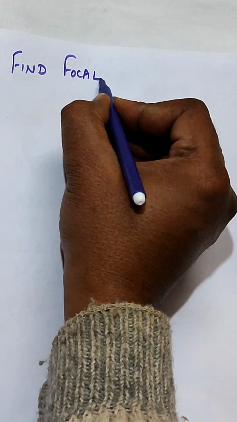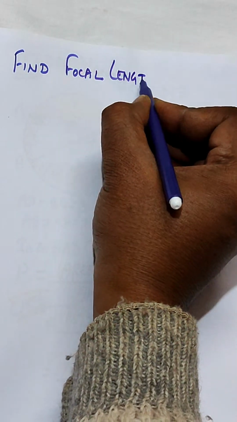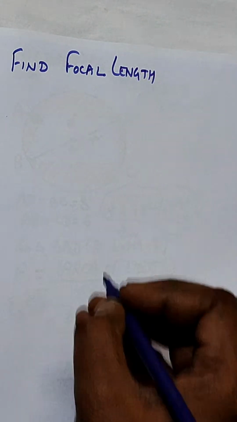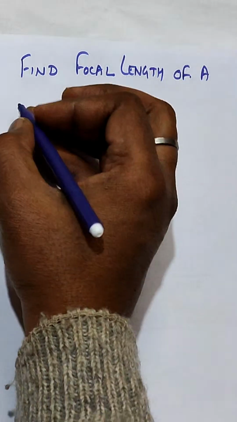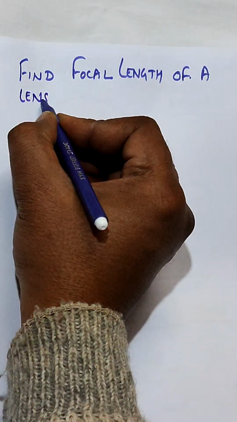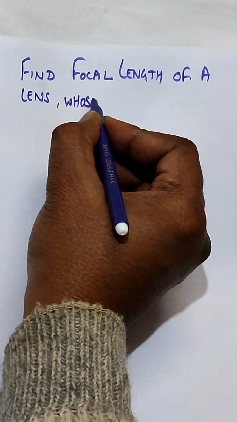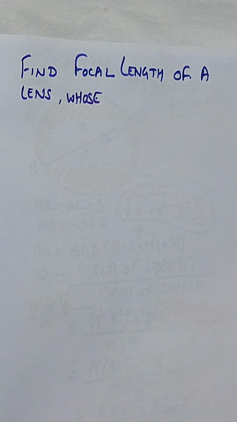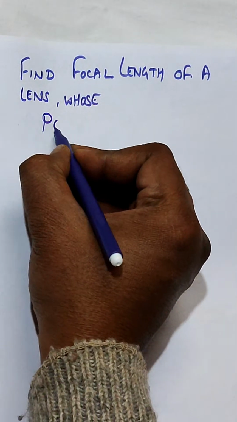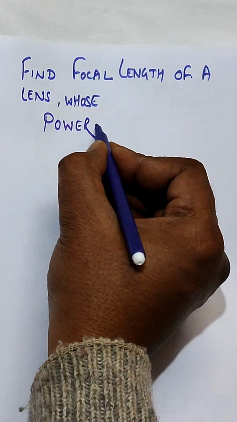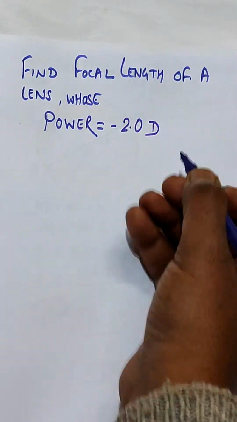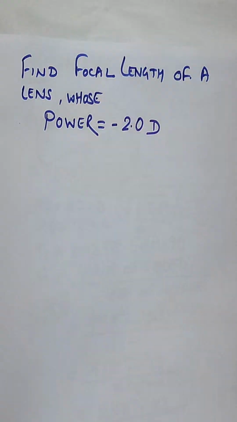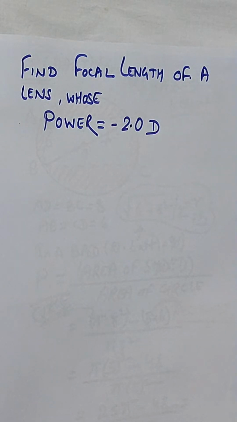Find the focal length of a lens whose power is given as minus 2.0 D. D is the diopter. Power of the lens is measured in diopter.